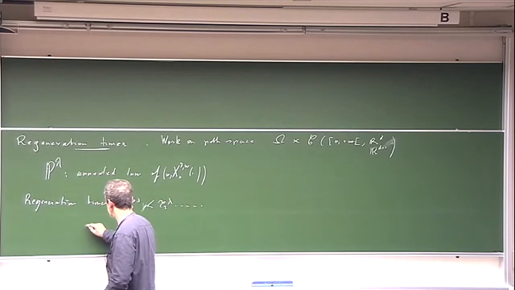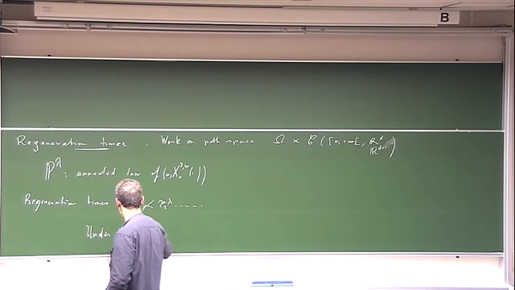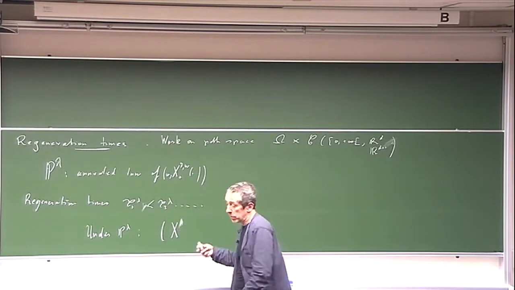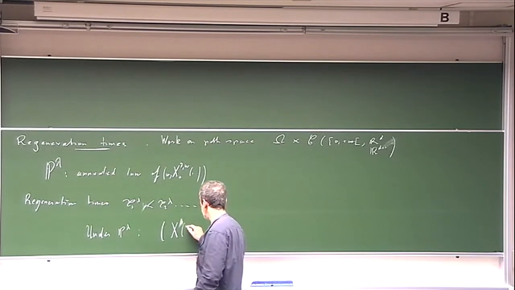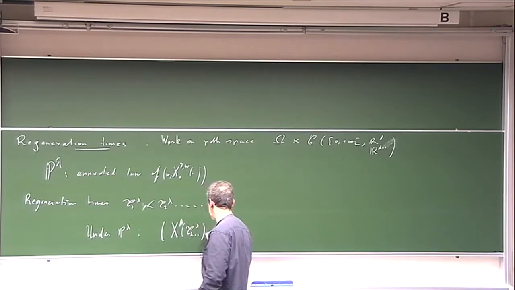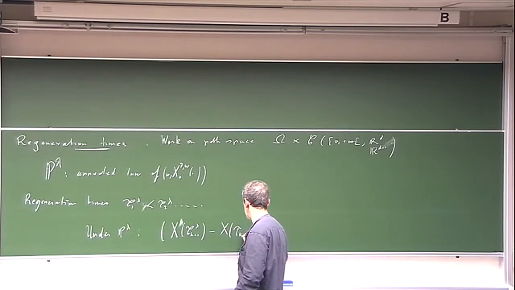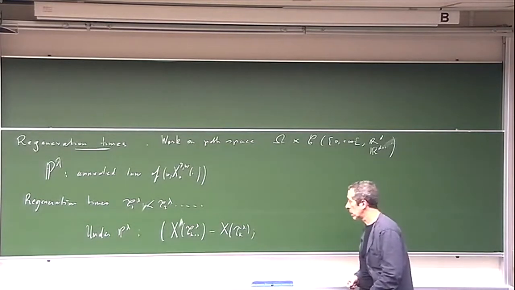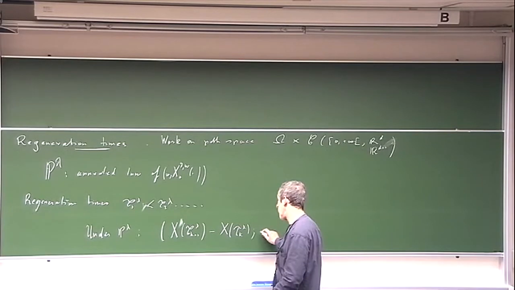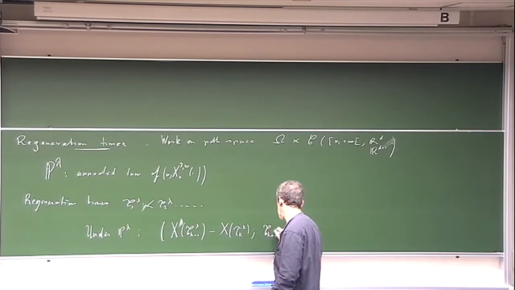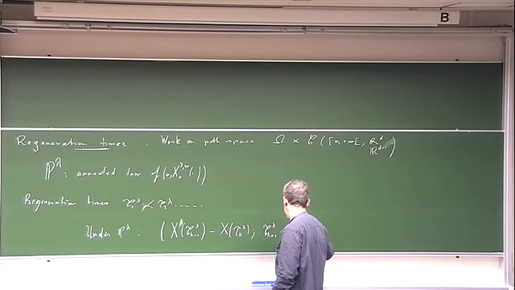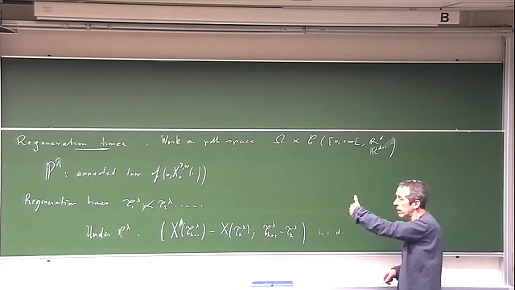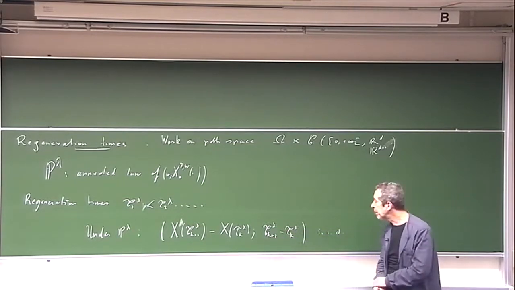So in particular, under P^λ, if you look at the increments, now I'm writing X for the typical path on path space, and I look at the increments of X between two successive regeneration times, X at time τ_{k+1}^λ minus X at time τ_k^λ, and I also need the times, the difference between τ_{k+1} and τ_k, these will be i.i.d. And if we include an additive functional, then we want a similar property for the additive functional.